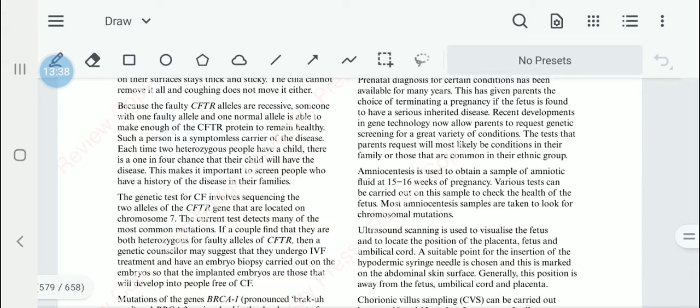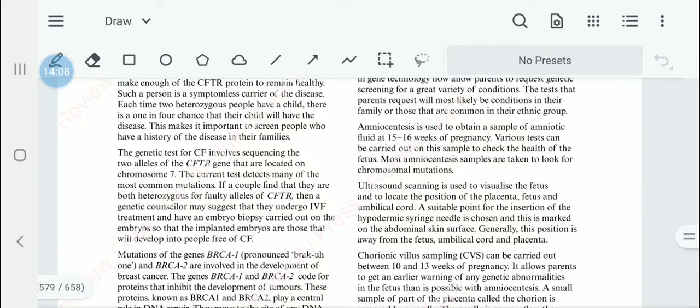That is, obtaining amniotic fluid and then testing the genes or the genetic materials in it, to figure out if the fetus has any genetically inherited diseases.